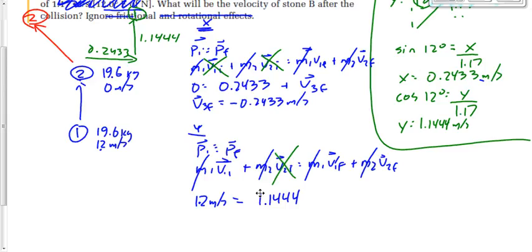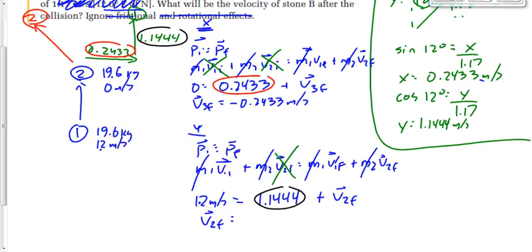I've replaced the 1.17 with an x, and I've replaced the 1.17 with a y. I've changed the 1.17 at the funny angle into a 0.24 and a 1.14. And those are the numbers that I use now. Add that to V2F. Solve for V2F.